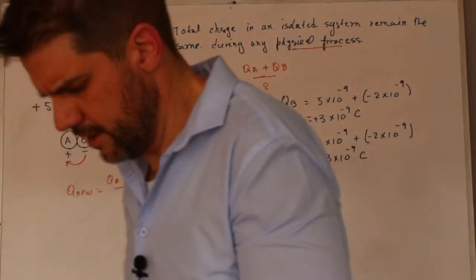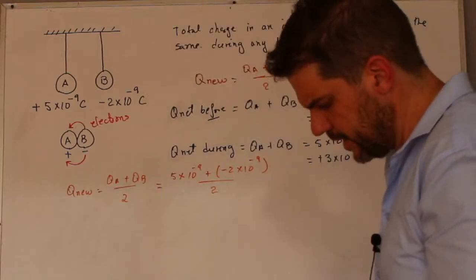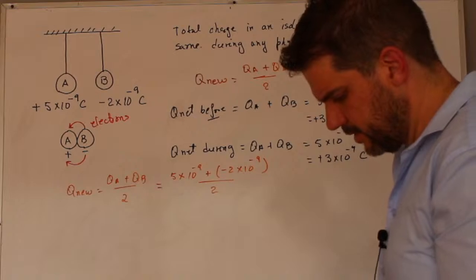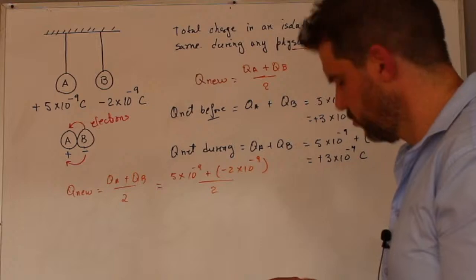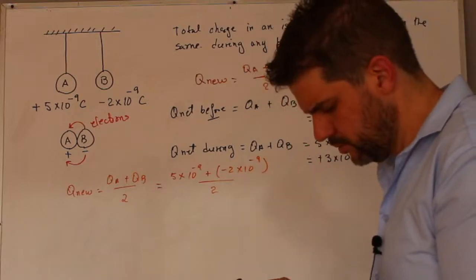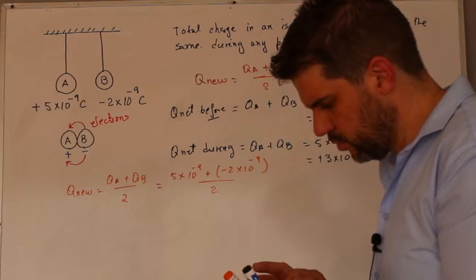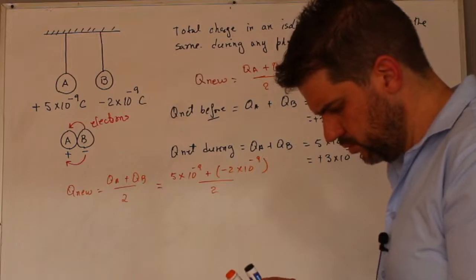Let me check my calculator. While you're doing it on your side, it is 5 times 10 to the minus 9 minus, because plus minus is minus, 2 times 10 to the minus 9, divided by 2.